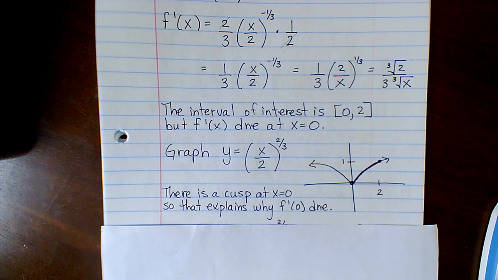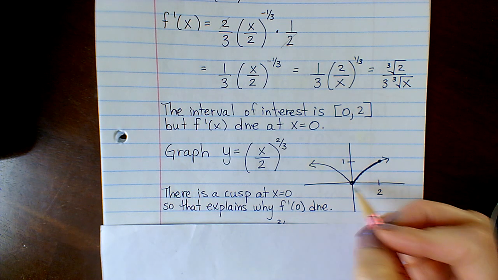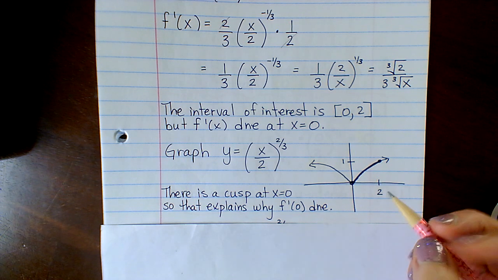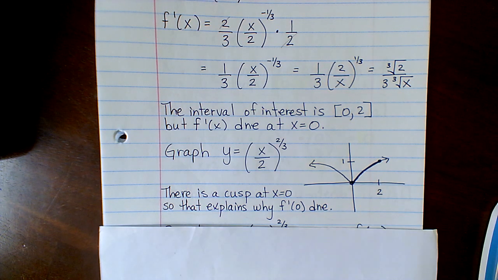And we know that differentiability is what's called a smoothness condition. A function being differentiable everywhere on its domain means that the function is smooth. This function is pretty much smooth, except right here it's kind of pointy, and differentiability does not like pointy. So that explains why the derivative doesn't exist.